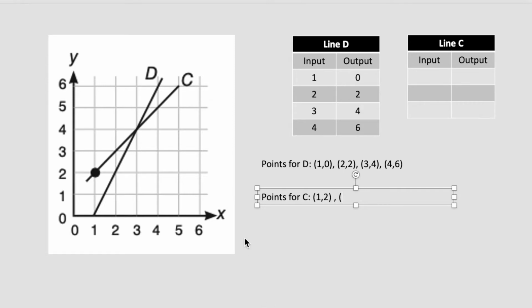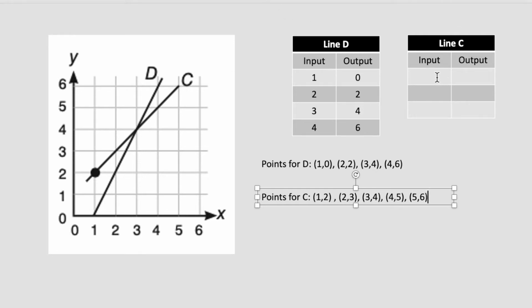and then our next spot that we overlap is 2 and 3, and then the next spot where we hit a corner there is 3 and 4, and then 4 and 5, and then up here, and that would be 5 and 6.